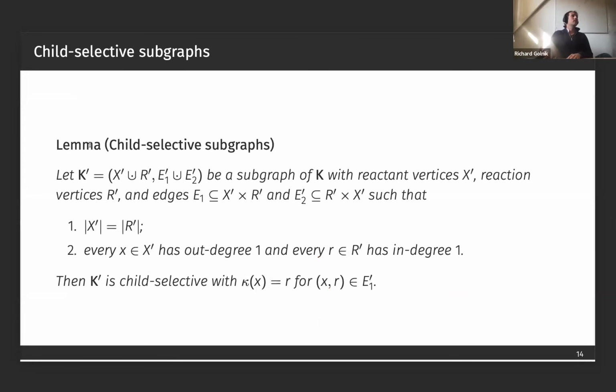And interestingly, looking back again from the other side, we obtain that the converse is also true. So if you have a subgraph that has the same amount of species vertices and reaction vertices, and every species vertex has out degree 1 and every reaction node has in degree 1, then this K prime, the subgraph, is actually child selective with a child selection, what we would expect it to be.